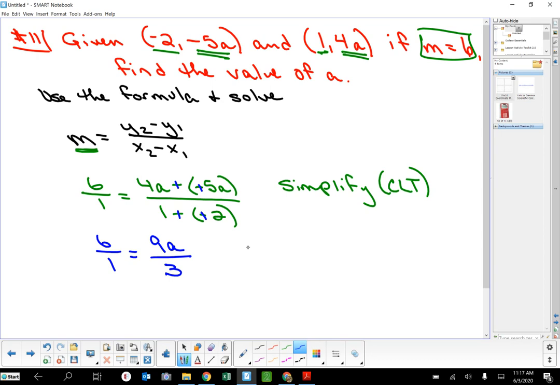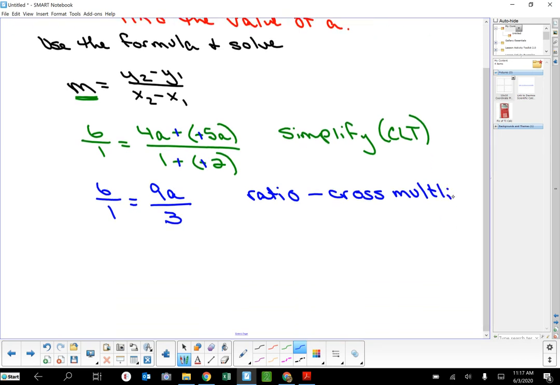And when you have a ratio, you can cross multiply. I want to make sure that when you cross multiply, you actually cross multiply and write an equation. That is the point of cross multiplication, but it seems to go away in lower grades somehow.